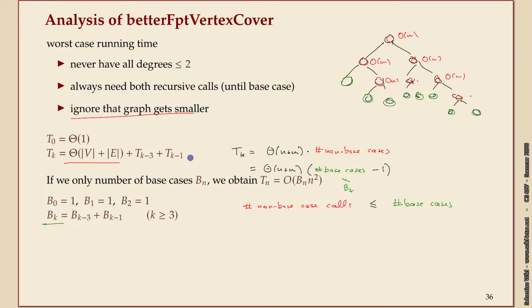Many fixed parameter tractable algorithms of this sort, a depth-bounded search, end up having the same kind of analysis where there are different recursive calls and you reduce the parameter by different amounts in each of the cases. So you often end up with questions like this. What's the exponential growth of this? Is this better than 2 to the k?